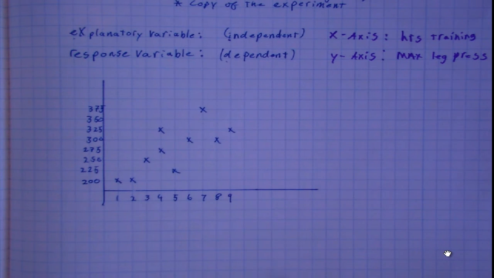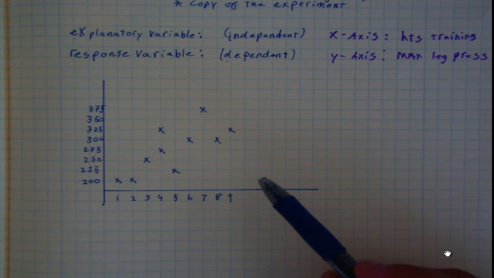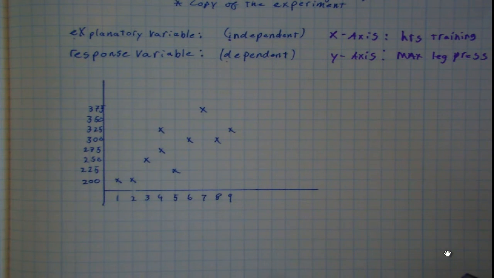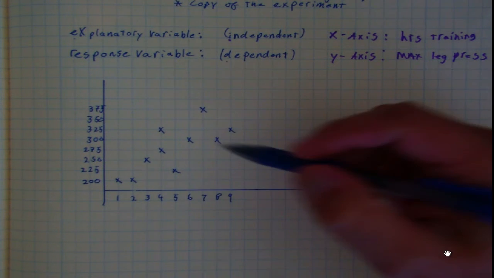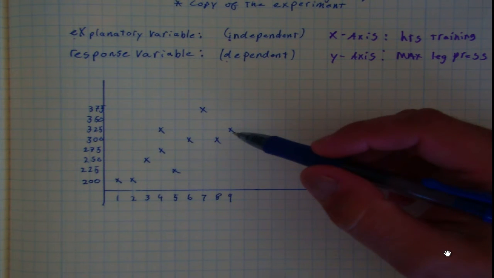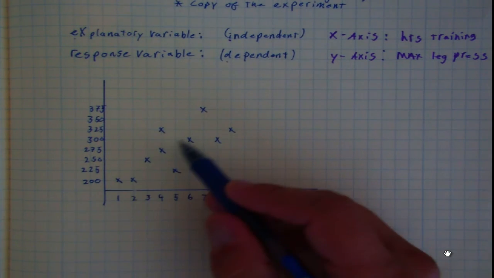Okay, the next thing that you should see from the scatter plot is, the reason why we call it a scatter plot is because all of the x's are scattered and there's no real pattern for them. What we do with the scatter plot is we look first to see how close all of these points are, and for some scatter plots you have them scattered all over the place and seemingly no pattern, and for other scatter plots you have them all lined up.